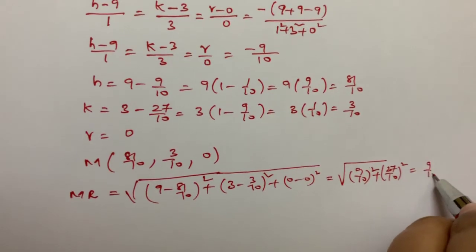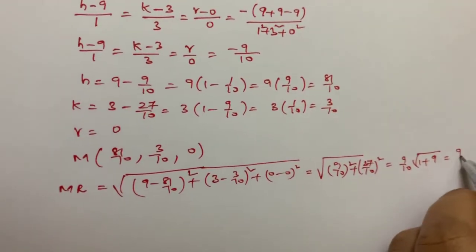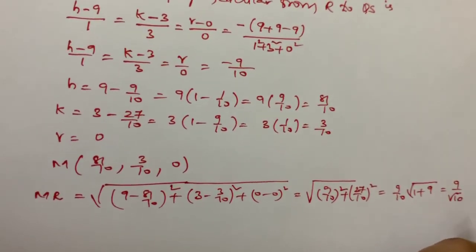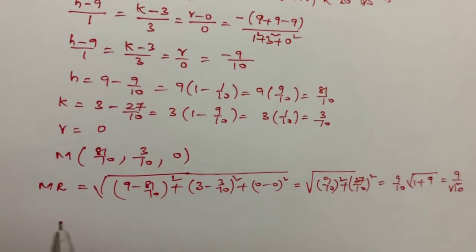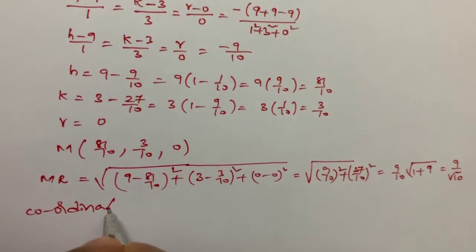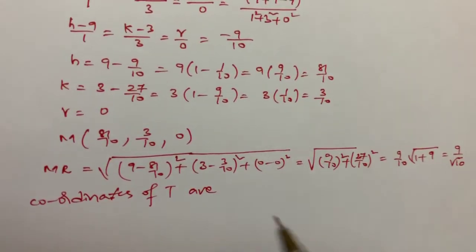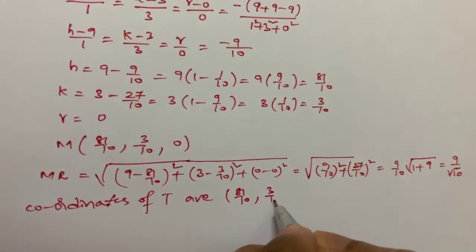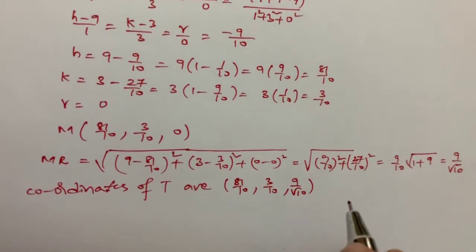We can take 9 by 10 out, plus 1 plus 9, which is 9 by root 10. So the coordinates of T are 81 by 10, 3 by 10 and 9 by root 10.